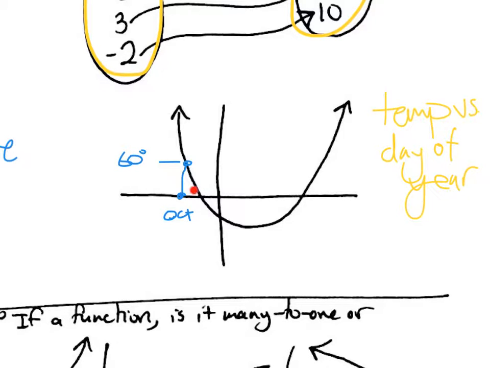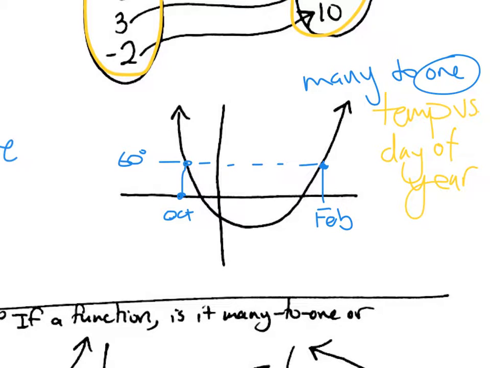And then it gets really cold in winter, but then it starts warming up, and by the time we get to some day in February, the temperature is 60 degrees as well. So that would be a many-to-one, because for a given temperature output that we're talking about, like 60 degrees, there are going to be several days at which the high temperature is 60 degrees or something like that.